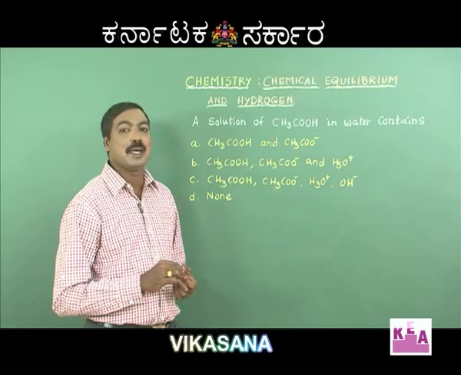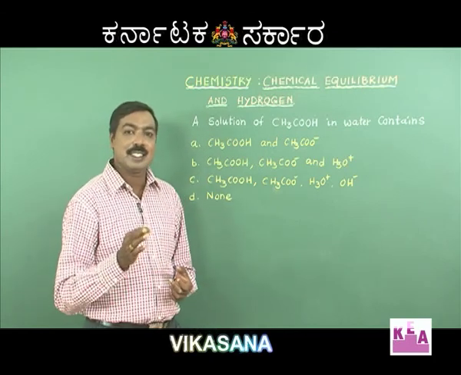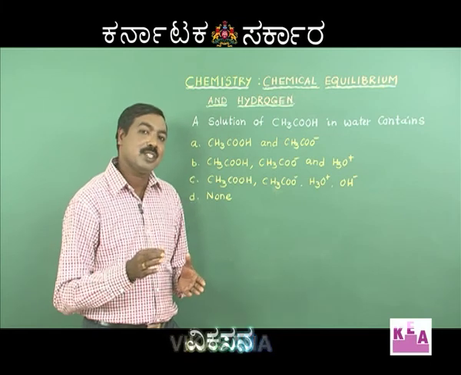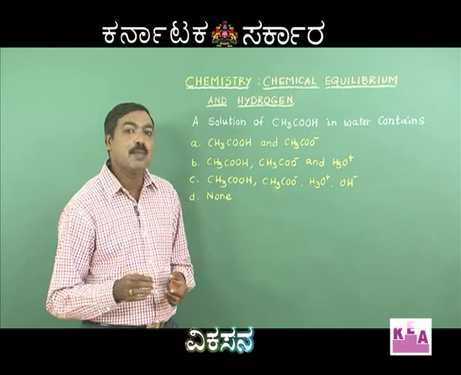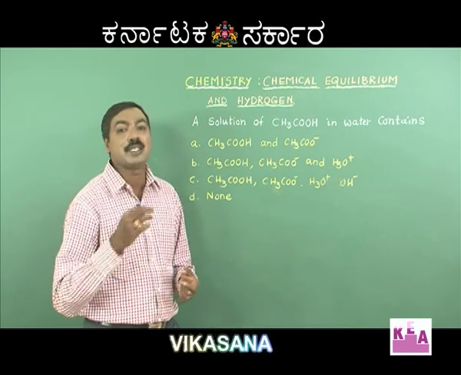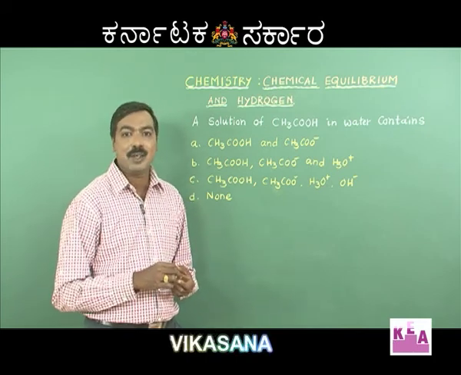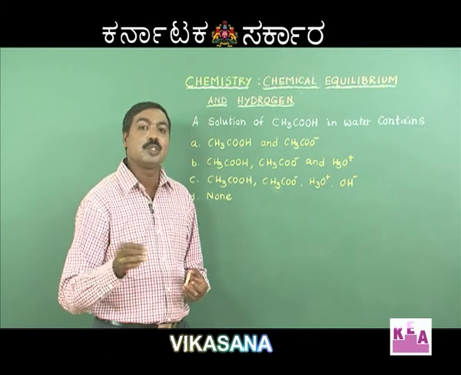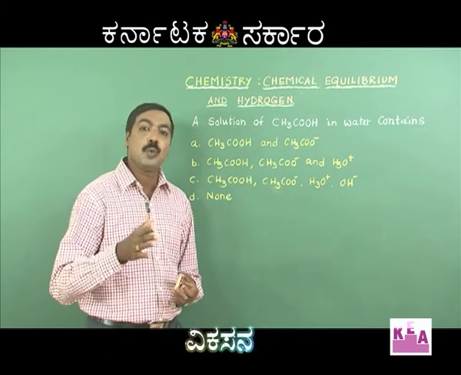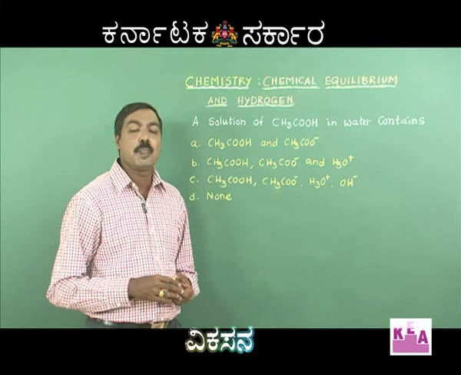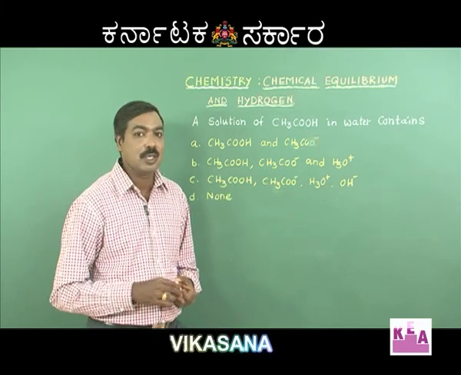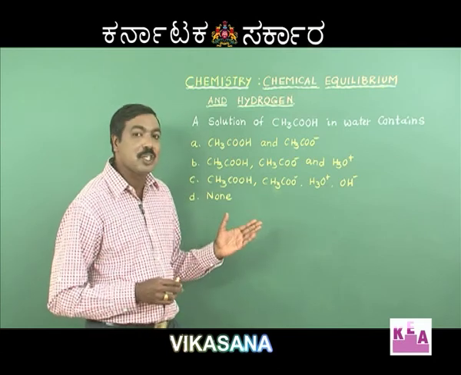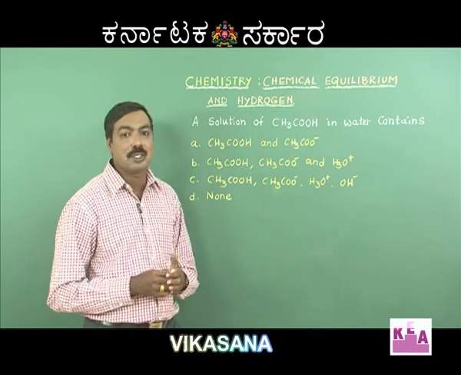In aqueous media, there are acetate ions, and the H plus ions that are formed due to the dissociation will also combine with the H2O that is already present. H plus ion produced due to dissociation combines with the water molecules to form H3O plus, that is hydronium ion, and also there is OH minus ion present in the solution.